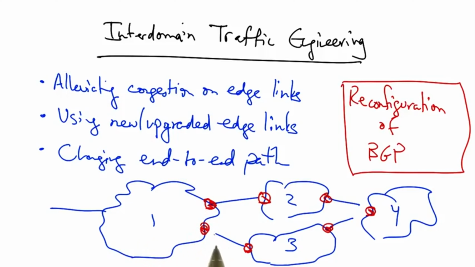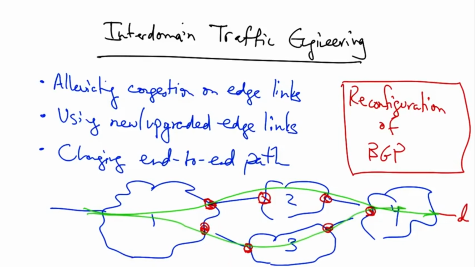We can also change the set of egress links for a particular destination. For example, an operator of Autonomous System 1 might observe traffic to destination D traversing the green path. But by adjusting BGP policies, the operator might balance load across these two edge links or shift all of the traffic for that destination to the lower path.